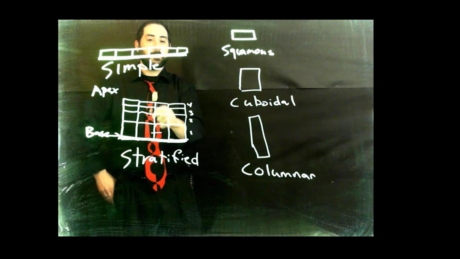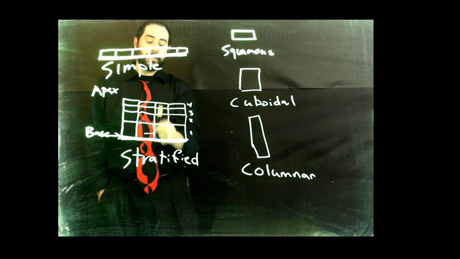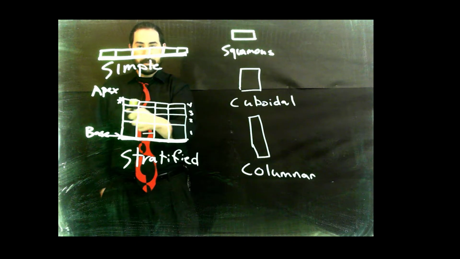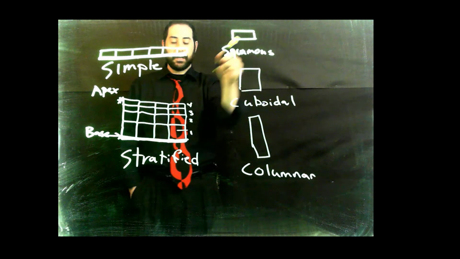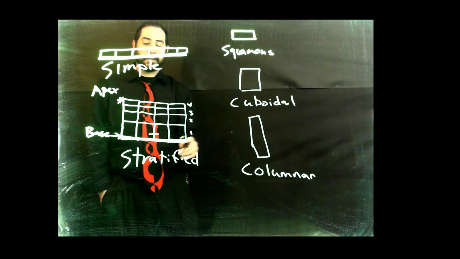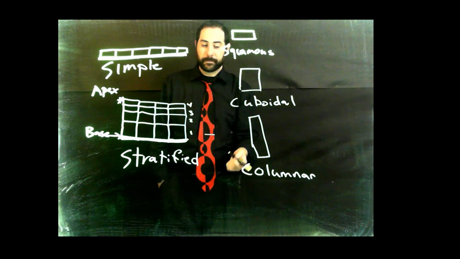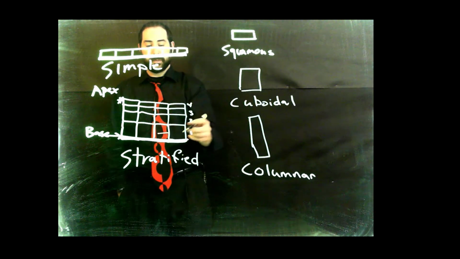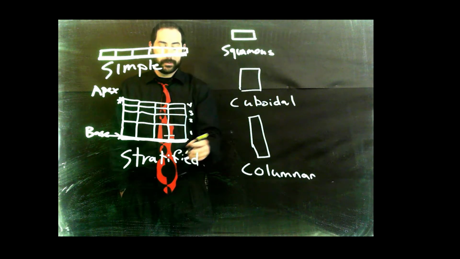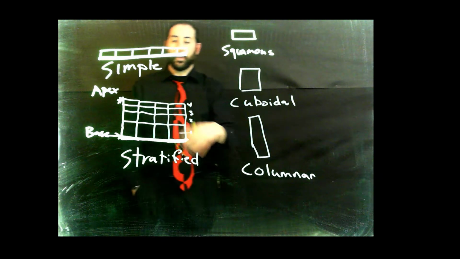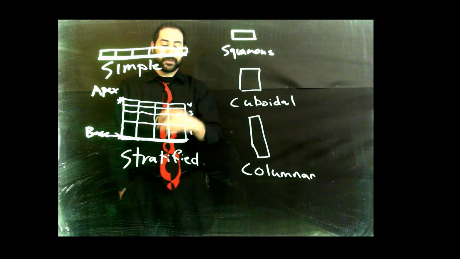And we will name this specific type of epithelial tissue based on this row here. So that is, again, flat, like we're seeing here, those squamous cells. So we're going to call this stratified squamous epithelium. And of course, if we had more cuboidal or columnar cells, then it would be like simple cuboidal or simple columnar, or stratified cuboidal or stratified columnar.